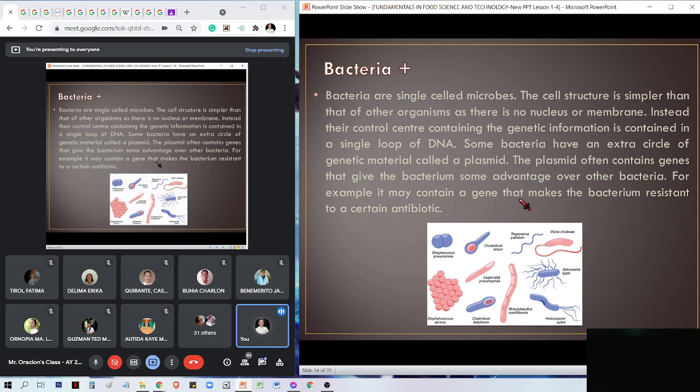Remember that when we are preparing food, we must always assure the safety. We must prioritize the safety and security of the food that we are preparing for our guests or for our family.